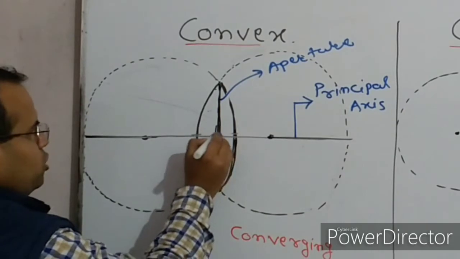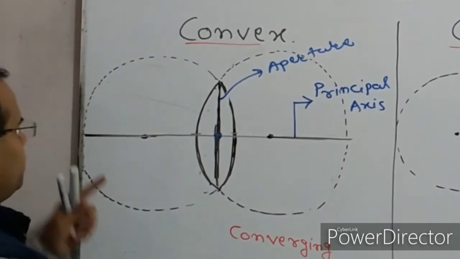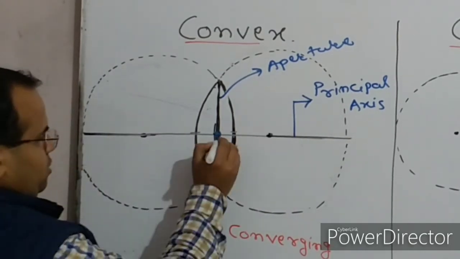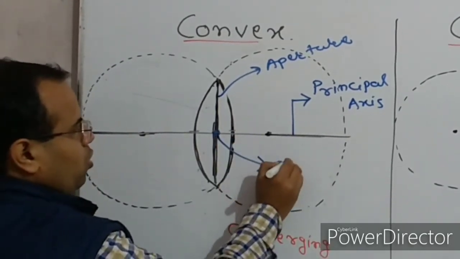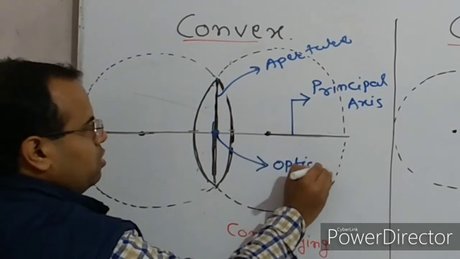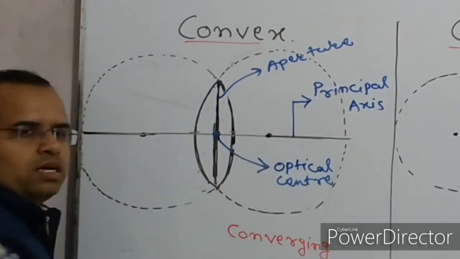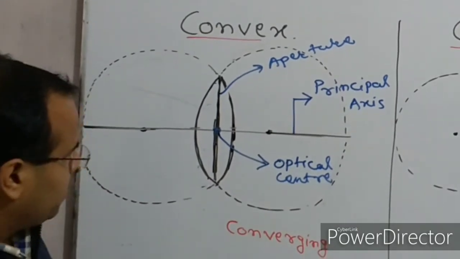Now the point where these two meet, the aperture and the principal axis, is called the optical center of the lens. The optical center also has one very important characteristic.